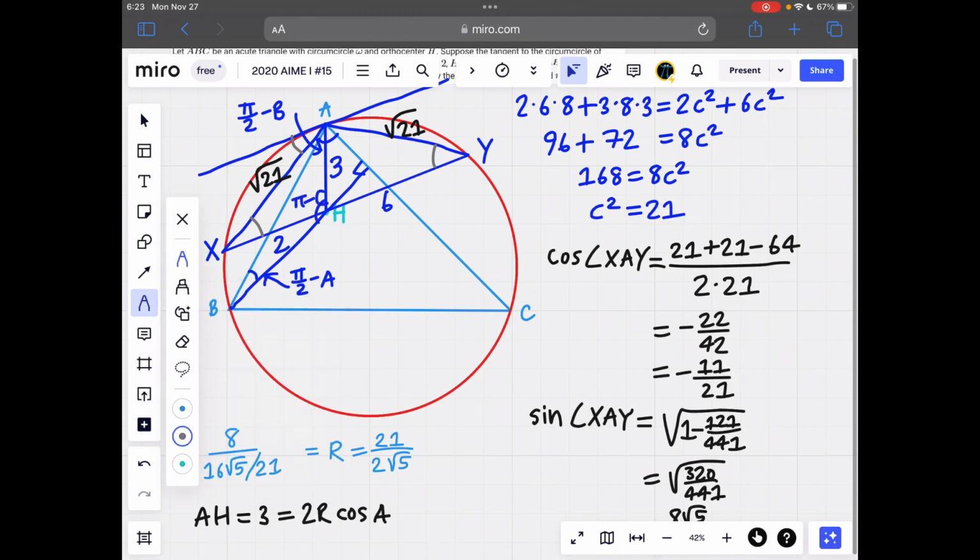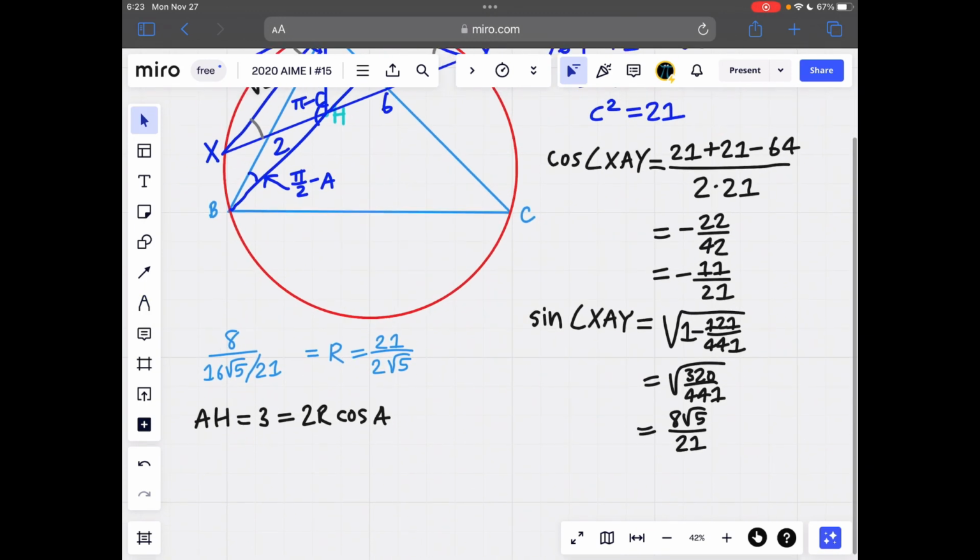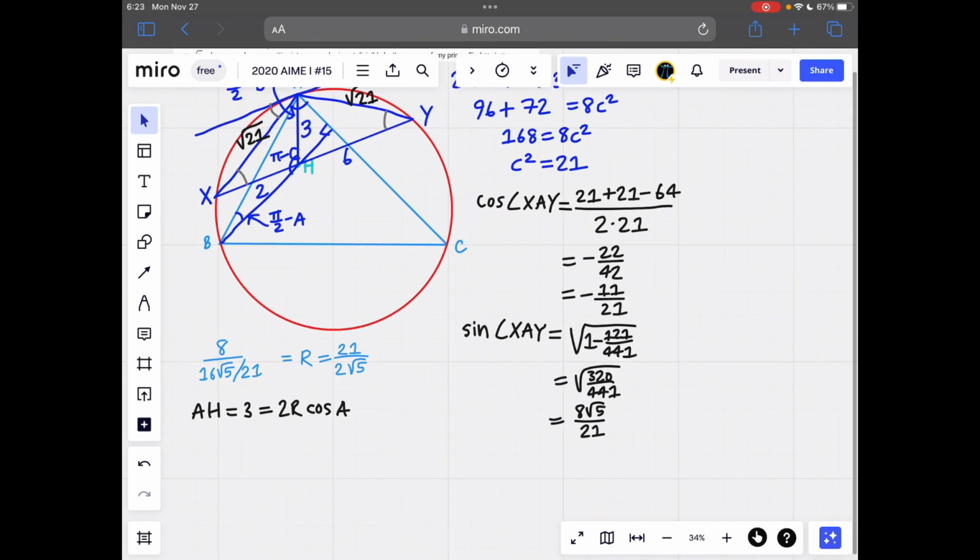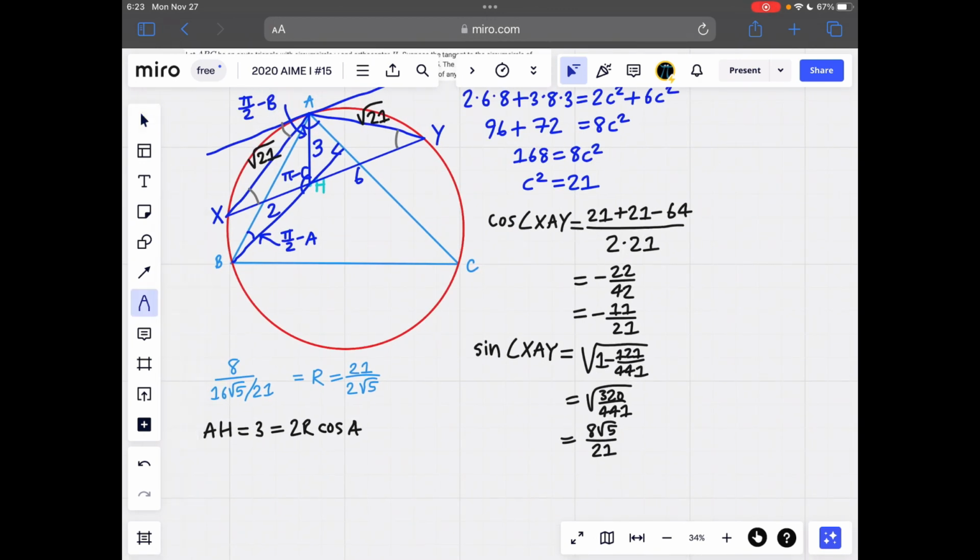So using the law of sines on this triangle, in triangle AHB, AH over sine of pi over 2 minus A is equal to AB over sine pi minus C. But sine pi minus C is just sine C. And we know AB over sine C is equal to 2R.